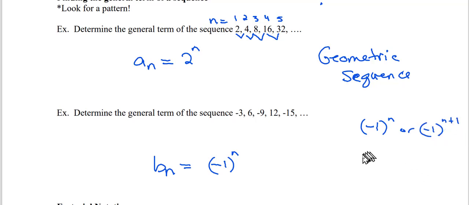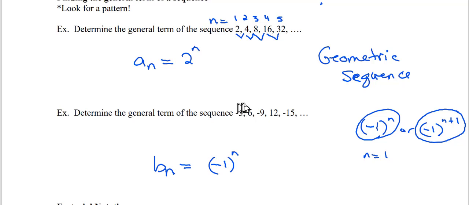It depends what you start with. If you need your first term, n equals 1, to be negative, you have to use this guy. If you want your first term to be positive and then the second term to be negative, you have to use this guy.